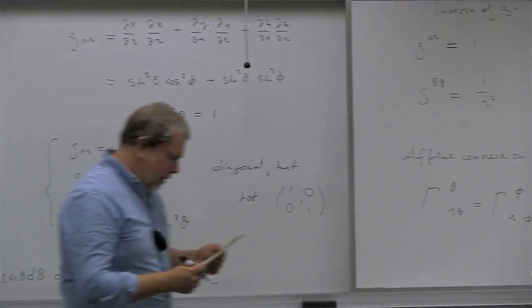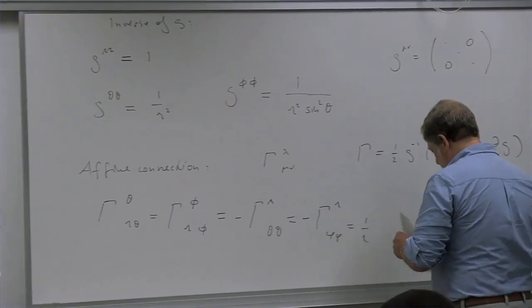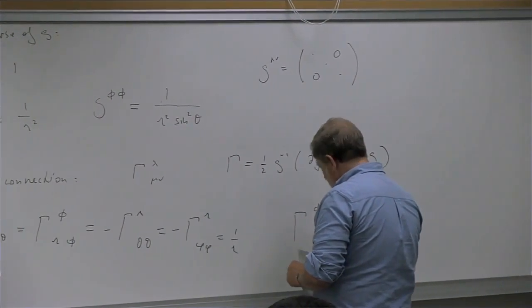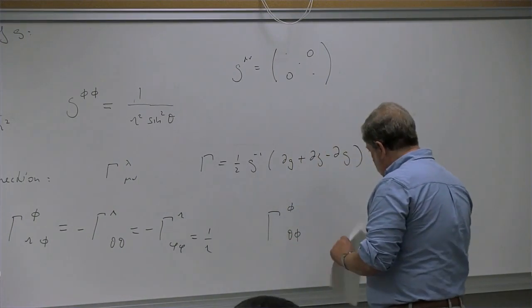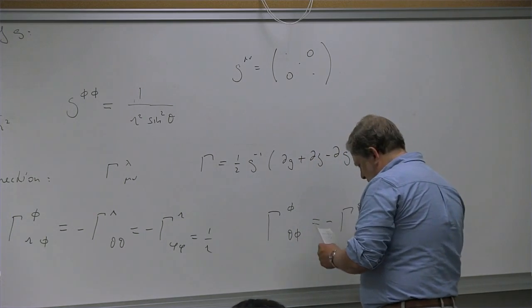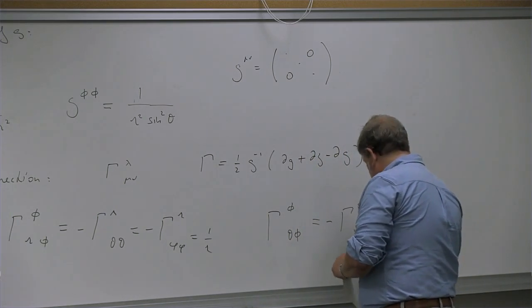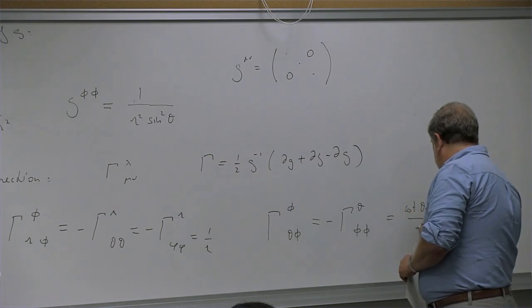That's what you find. And that gamma^phi_{theta phi} is equal to minus gamma^theta_{phi phi} is equal to the cotangent of theta divided by r.